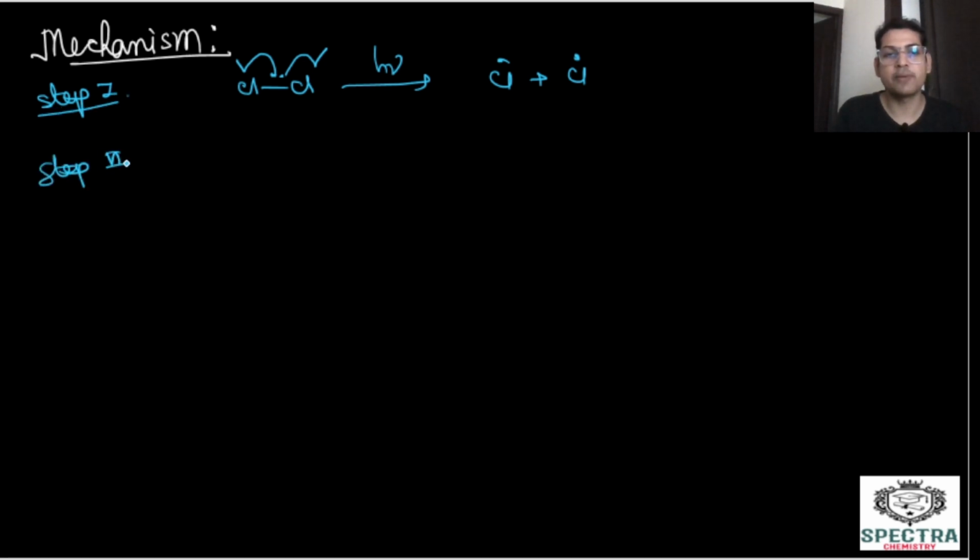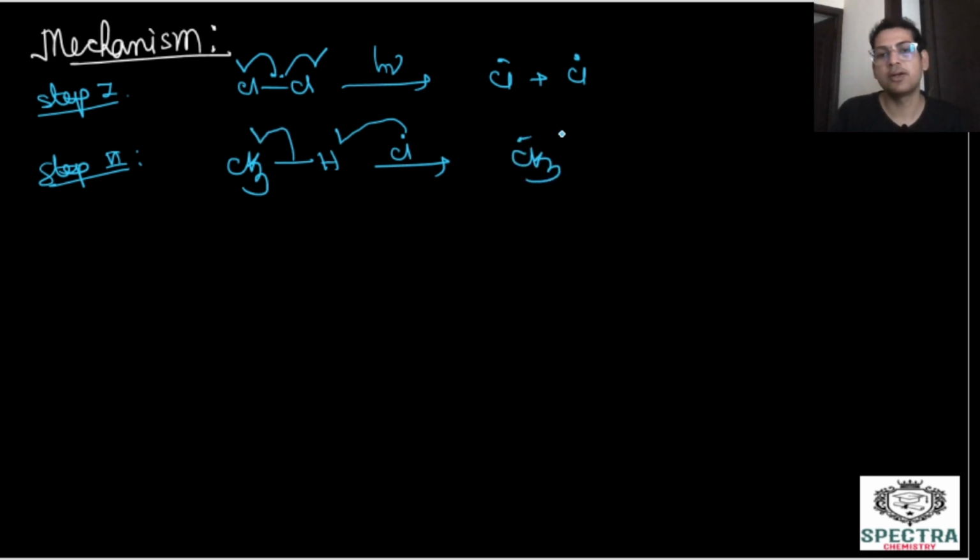Step 2: you take CH4 like this, CH3-H, and any of these Cl dots you give here, so it gives CH3 dot plus HCl.